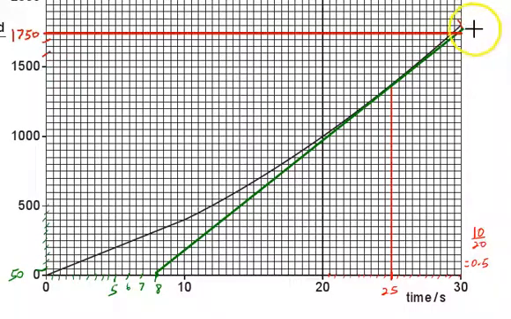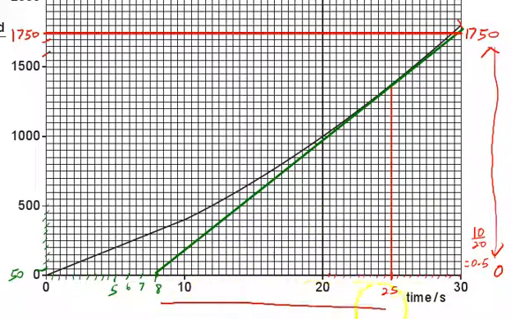I'm taking the range 1750 to 0, and I'm also taking the range of 30 to 8.